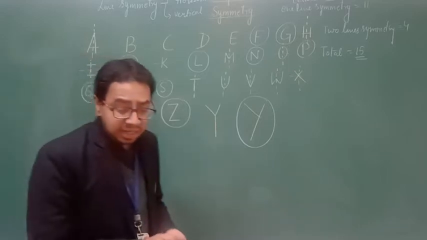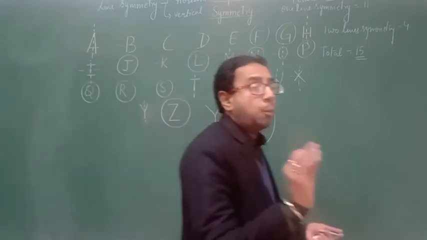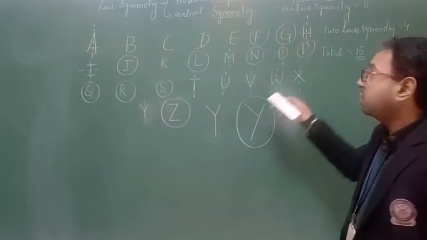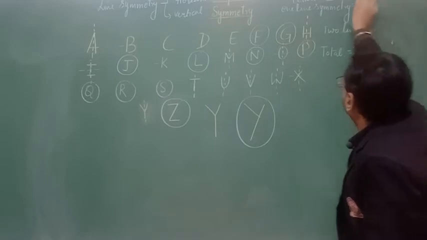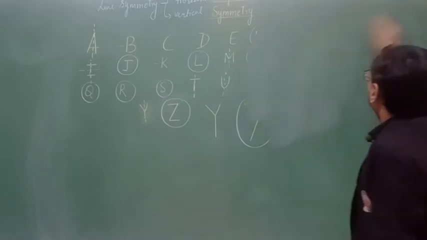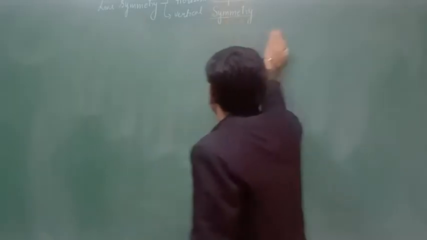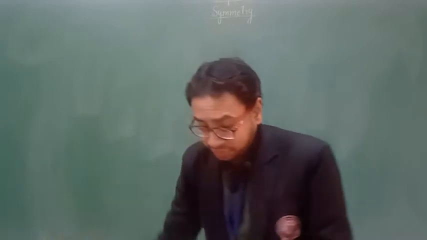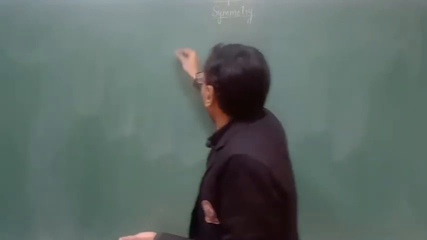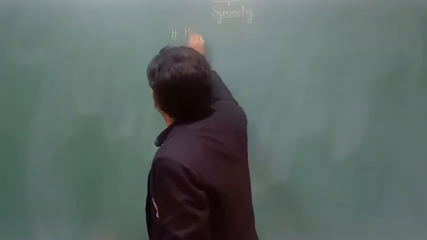We'll be starting with the next symmetry, that is point symmetry. Though I haven't discussed point symmetry with you, I am giving you an extra look at point symmetry. Let's see. Next topic is point symmetry.